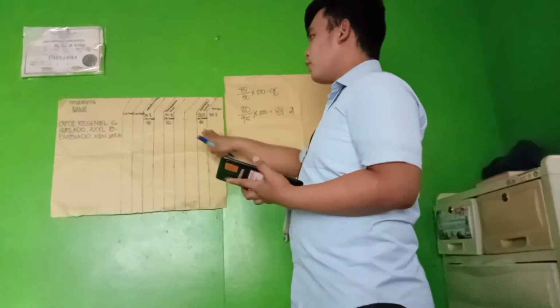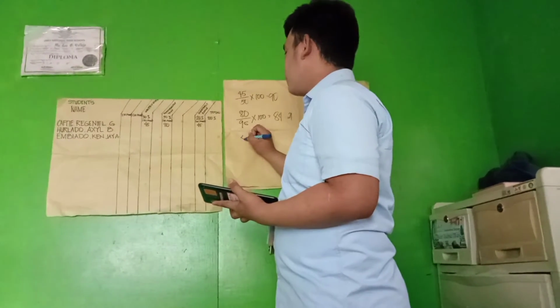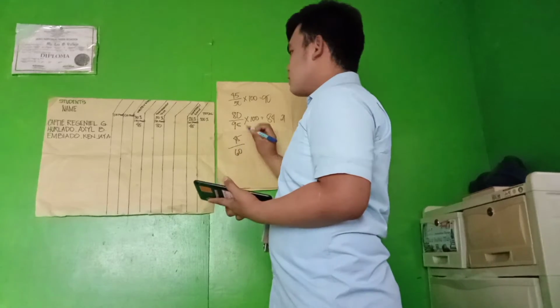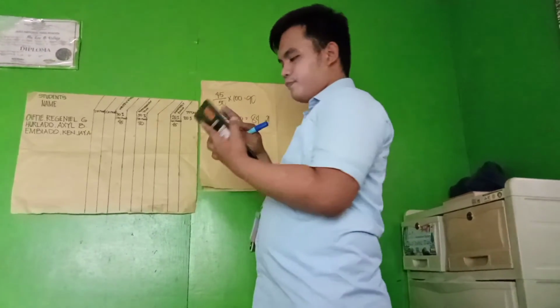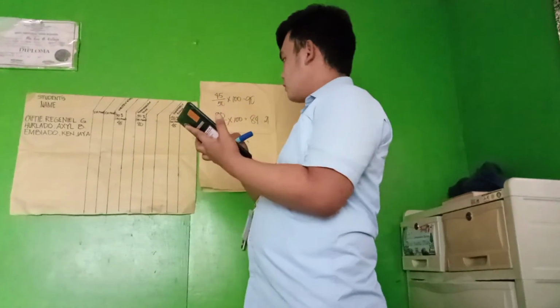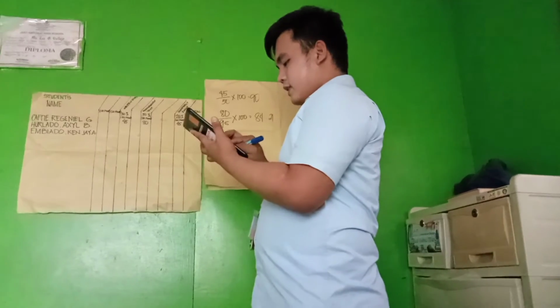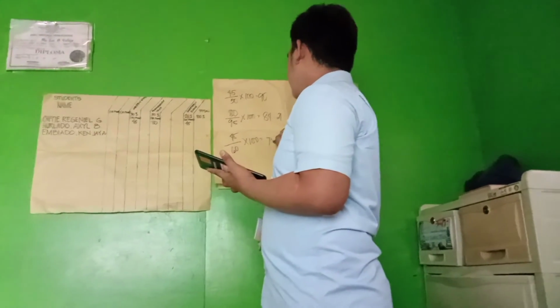Next is her quarterly exam, which is 45 points out of 60, the same process: 45 over 60, which is the highest, multiplied by 100. 45 divided by 60 multiplied by 100 is 75.